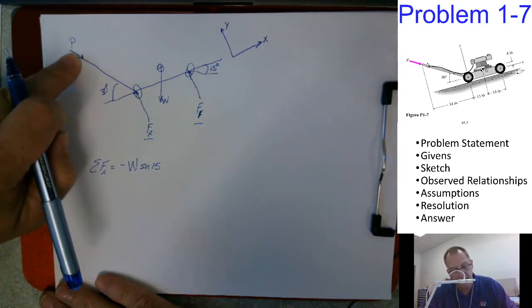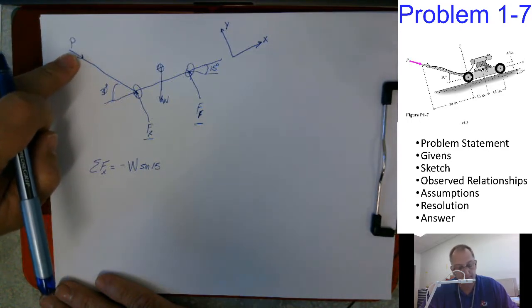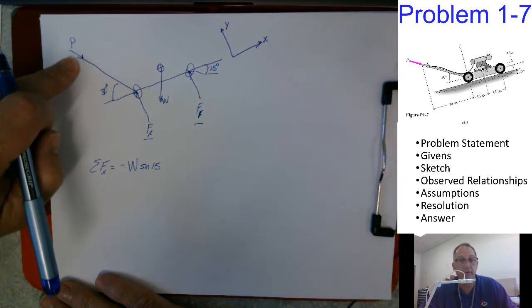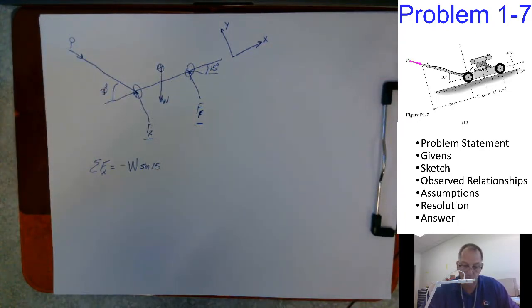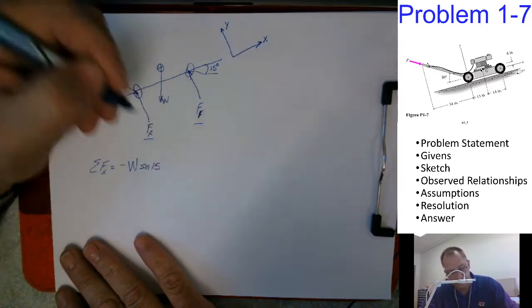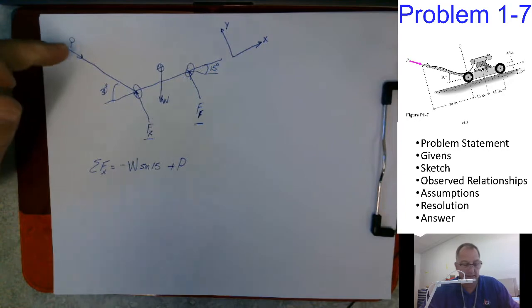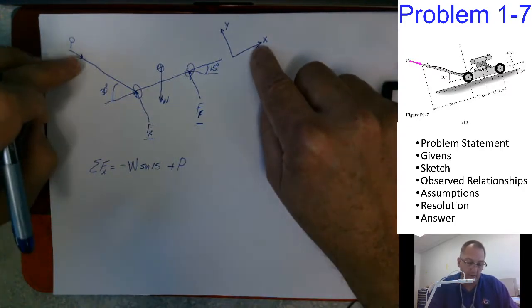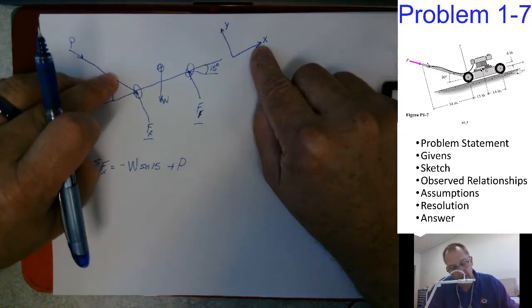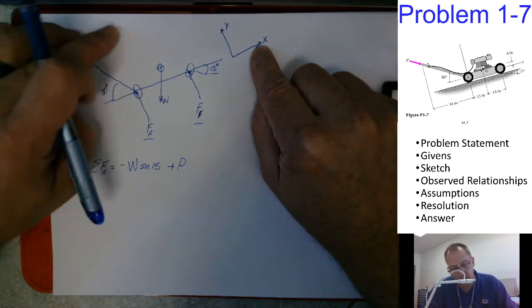And then I've got this force component, P, and that is going to be plus P times, well, if that angle goes to 90, then that goes to 1, so that would be cosine.